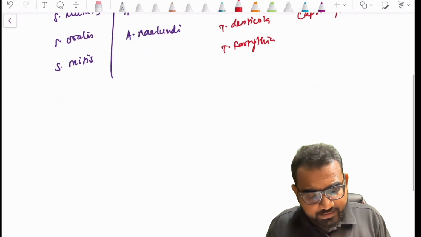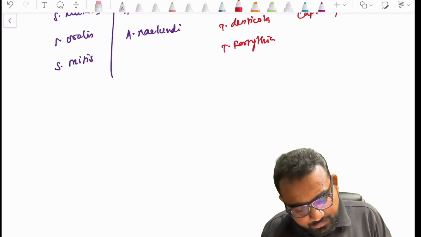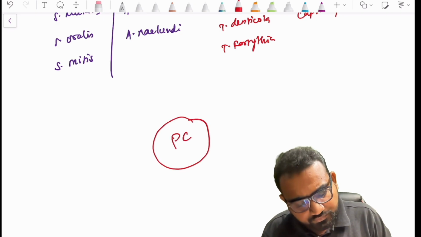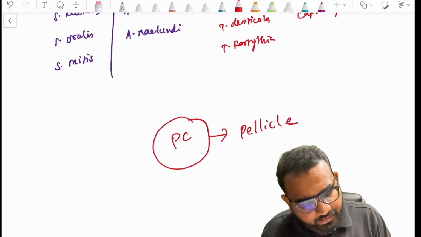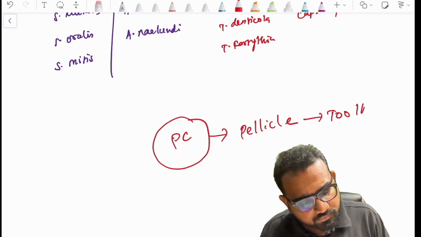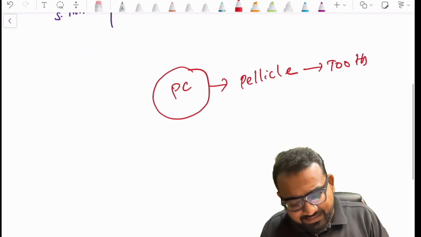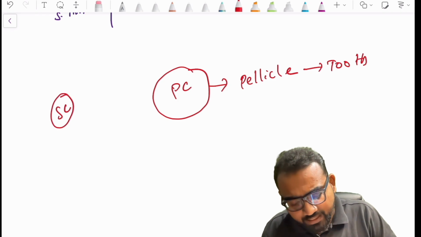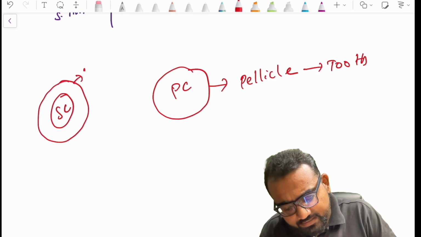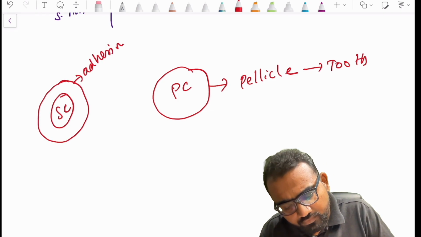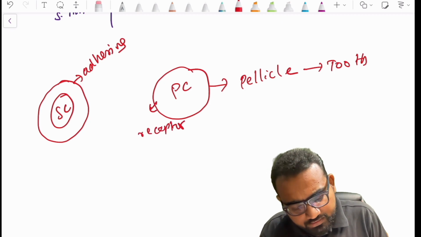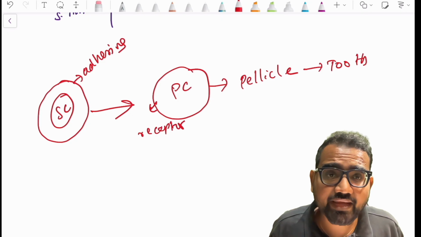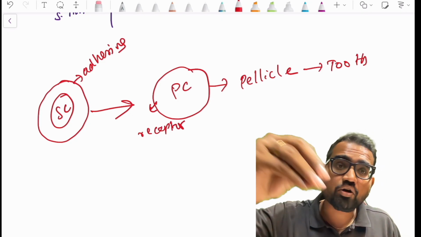Say, for example, this is the primary colonizer. It is attached to the pellicle, and the pellicle is attached to the tooth. The secondary colonizers will have some adhesins which bind to receptors on the primary colonizers, and they start to attach to the primary colonizers.